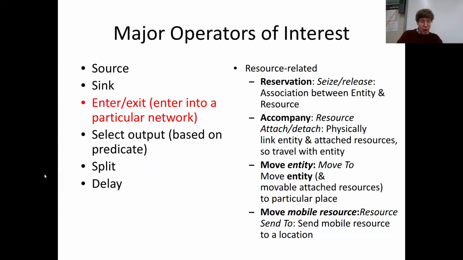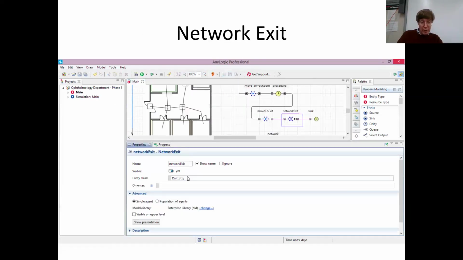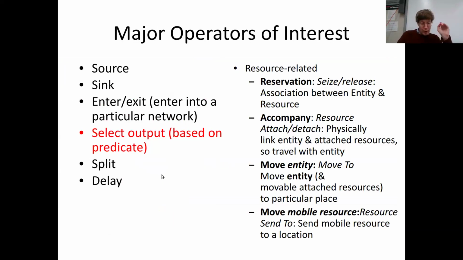They won't disappear from the model. Here we have enter and exit there. This is a bit dated, but this is the primary mechanism by which agents can, in a hybrid model, enter and exit a workflow.